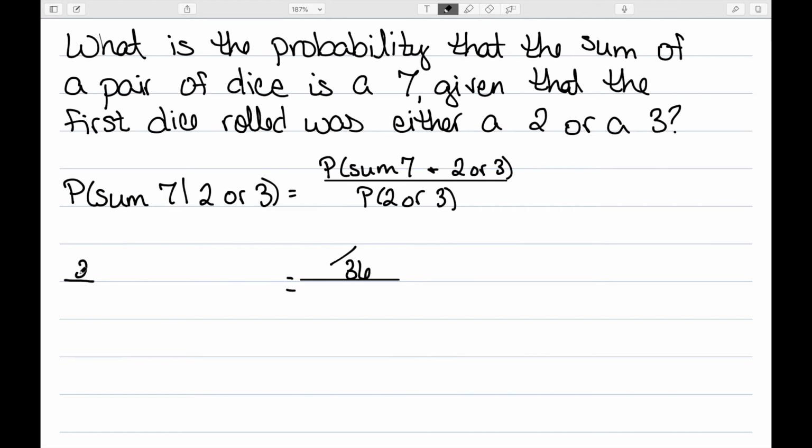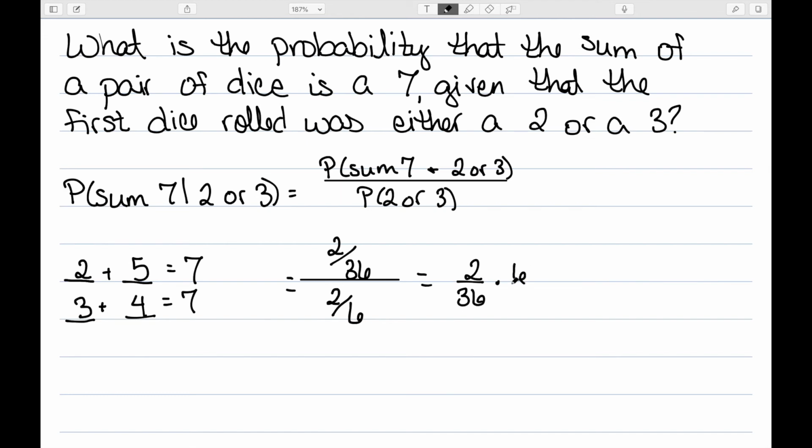We know the first number could be a 2 or a 3. And we know it has to add to be 7. So it could be a 5 or a 4. So there are 2 possible things we could roll here. We could roll a 2 and a 5 or a 3 and a 4 to satisfy both of these conditions at once. The denominator is only looking at rolling 1 die. There are 2 possible ways to get a 2 or a 3 out of 6. So we have 2 over 36 times 6 over 2, which reduces to 1/6.